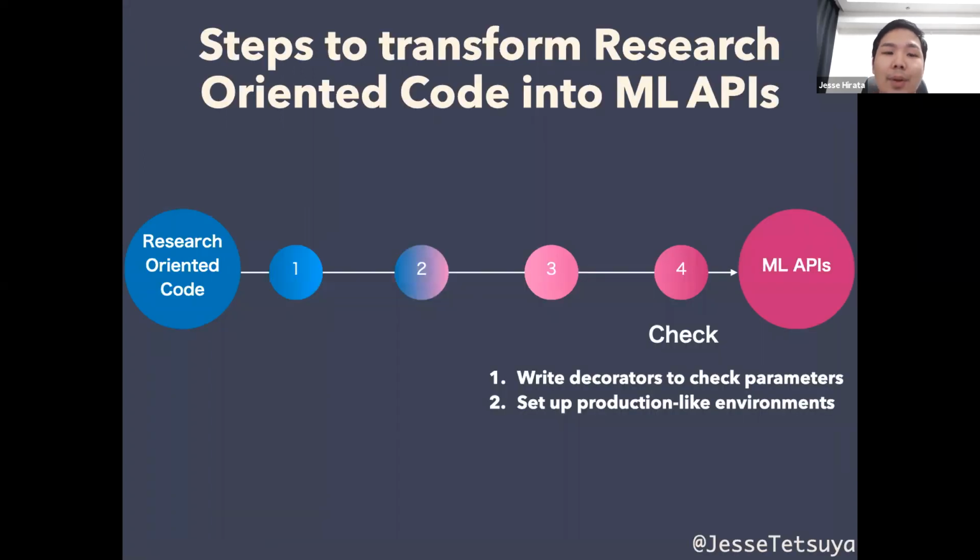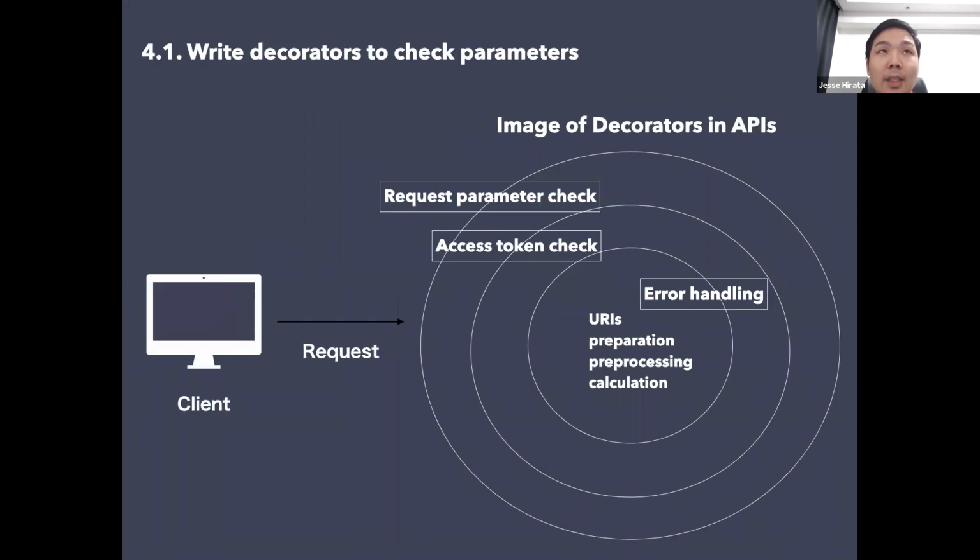So the last step is to write the code to check if the code can work correctly. There are 2 things to do: writing decorators to check parameters, and then setting up production-like environments. This is the image of decorators and APIs.